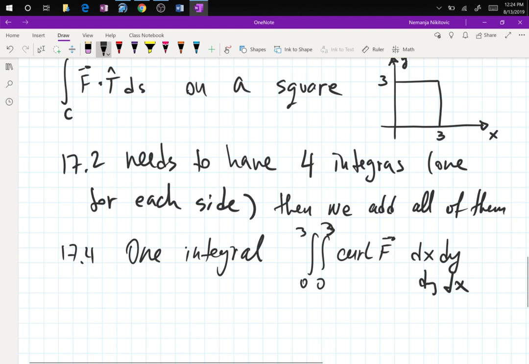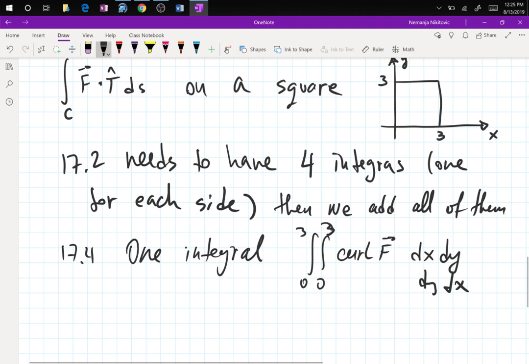So it is a joke to solve this problem using Green's theorem, and then with the line integral, we'll just sit there for like an hour to compute 4 different integrals, because every time you have to restart the problem from scratch, because every time you get a different parametrization C.